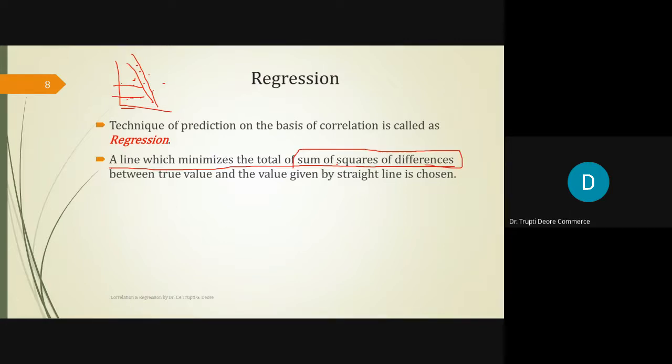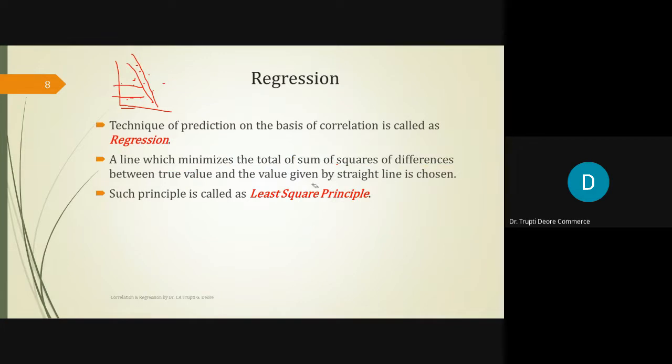The line which minimizes the total sum of squares of differences between two values and the value given by the straight line is chosen, and this principle is called the least square principle. The least square principle is used for the selection of the proper line, and the equation so obtained is called the least square regression line.